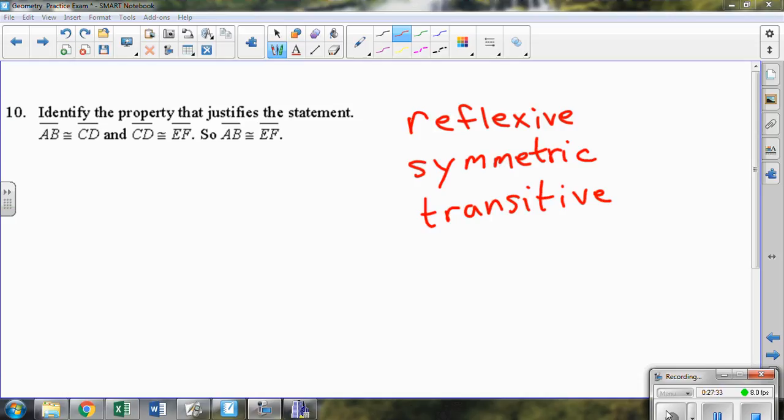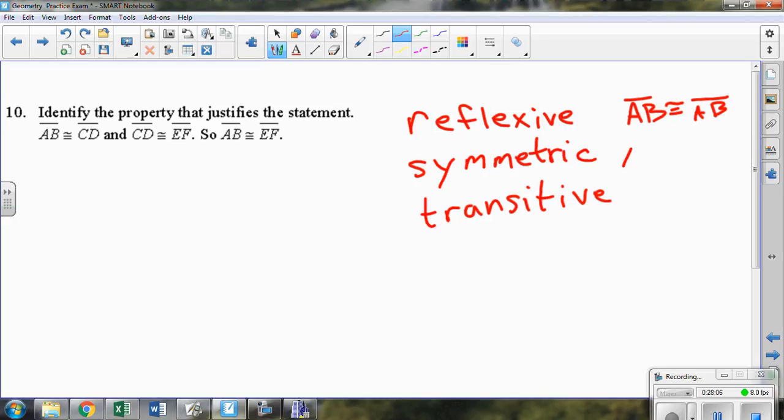Which one is this? Now, of course, we need to remember what each one of these properties is. The reflexive property is used to say something like AB is equal to AB. And this would be the reflexive property of equality because we're using an equal symbol. When we use segments, we would have the reflexive property of congruency.